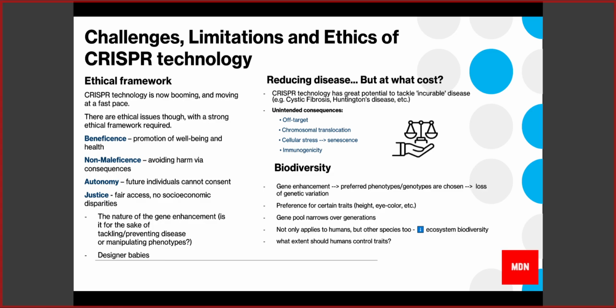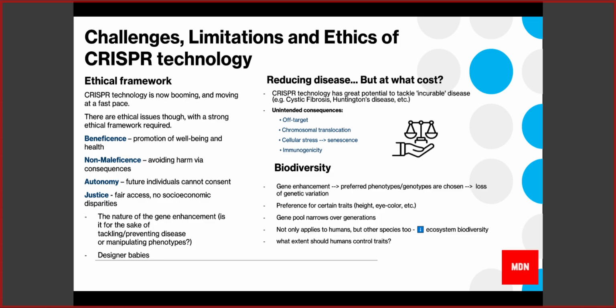For non-maleficence, we need to avoid harm through its own consequences, which I'm going to elaborate further on. And autonomy, we need to consider that future individuals cannot consent to treatments. And justice, as Shreya mentioned, we need to ensure that there is fair access and no socioeconomic disparities, because at the moment, treatment is quite expensive.